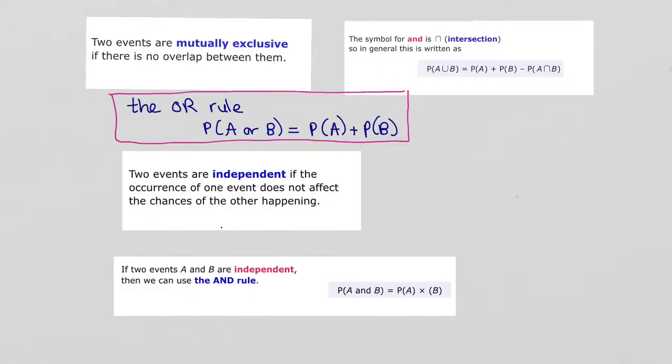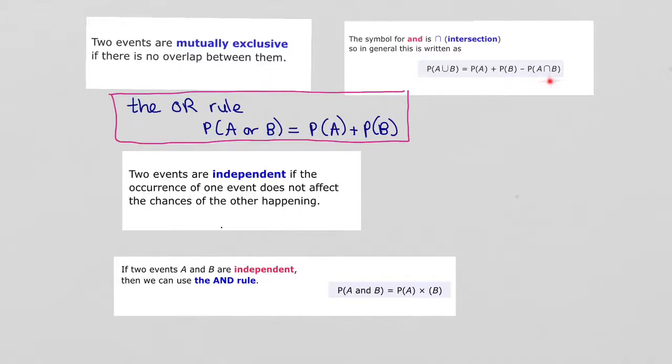And I've got quite a few of them here. I've already done your symbol here. That is what I've just mentioned. So the probability of A or B is the same as adding the two individual probabilities, making sure you take away that intersection if you haven't already. And if they're mutually exclusive, like it says here, there's no overlap. Your circles wouldn't overlap.